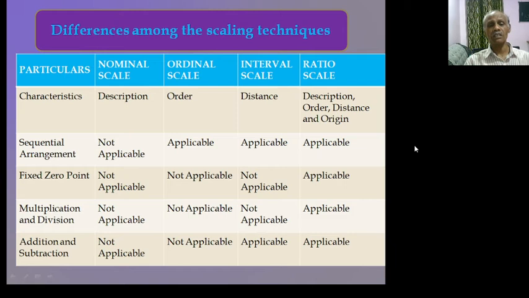Now we will go for understanding the differences among the different scaling techniques: the nominal scale, ordinal scale, interval scale and the ratio scale. Let us first go for the characteristics. The nominal scale is description, the ordinal scale is order, the interval scale is distance, and the ratio scale is description, order, distance and origin.